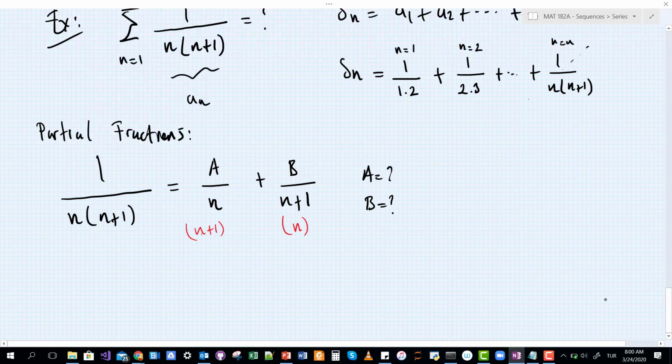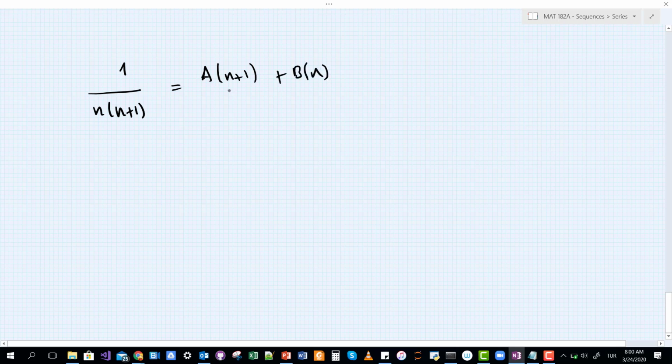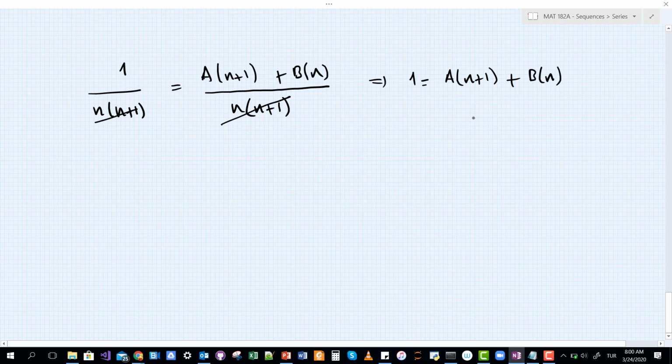After multiplying, it is going to be equal to 1 over n times n plus 1, and A times n plus 1 plus B times n, and I have the same expression in the bottom. You see, I can cancel these terms. What I will have left: 1 is equal to A times n plus 1 plus B times n.